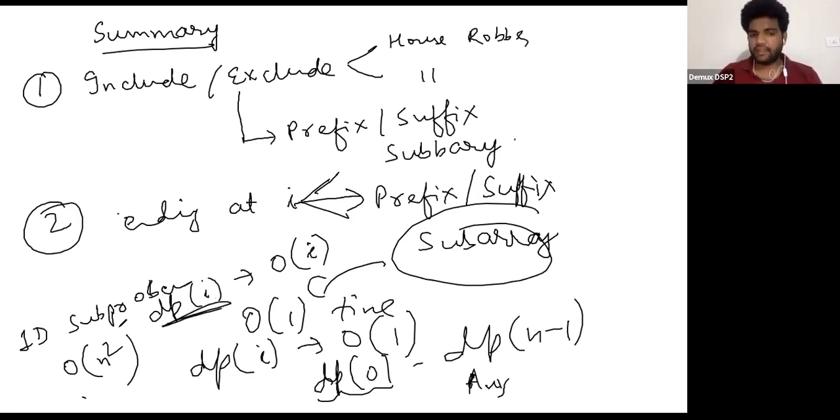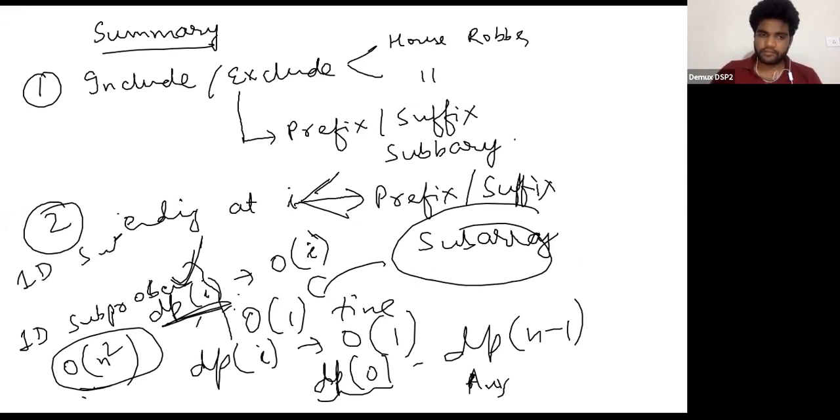So the total complexity of the solution will be n square, but the sub problem will still be a prefix or a suffix array. We will look at that type of sub problem first and what kind of decisions involve them. And then we will gradually increase the complexity. We will look at 1D sub problems again, which have an n cube complexity. And finally, we will start with 2D sub problems.